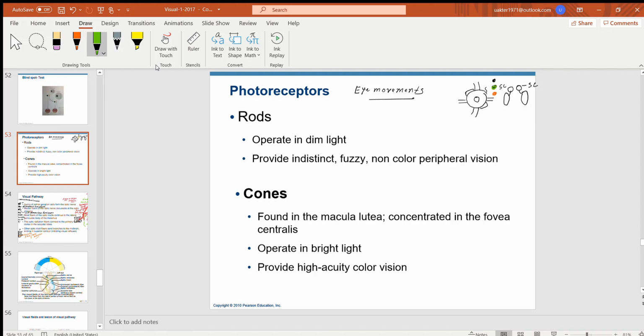Okay, if this is for one cranial nerve, let's say oculomotor nerve nucleus. This one is trochlear nerve nucleus, and this is for abducens.